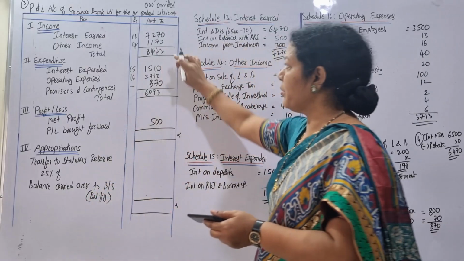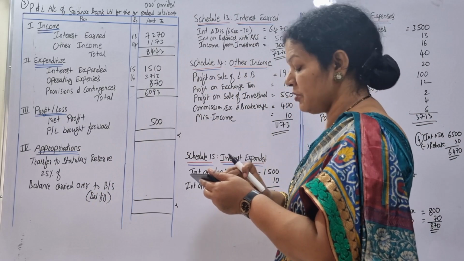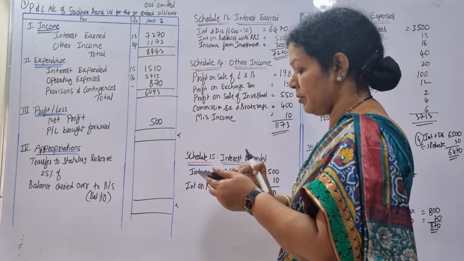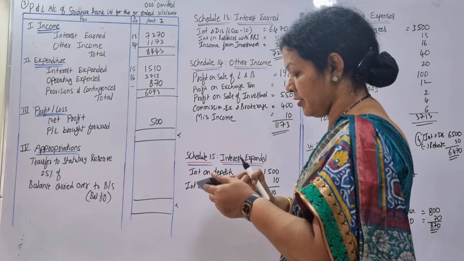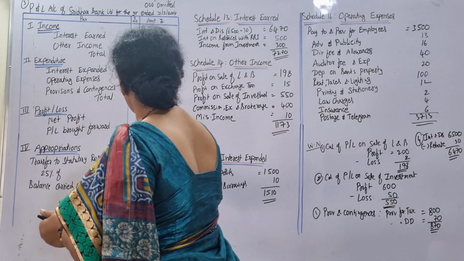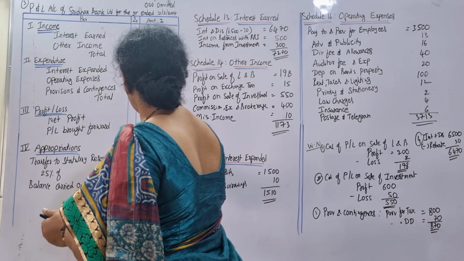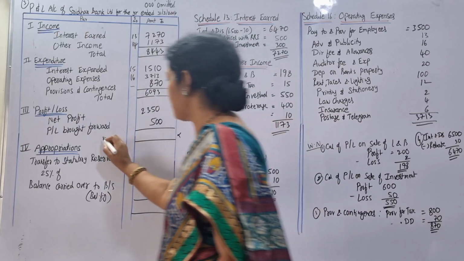Now net profit. How do you get net profit? Income minus expenditure. Income is here 8443 minus 6093, 2350. 2350.